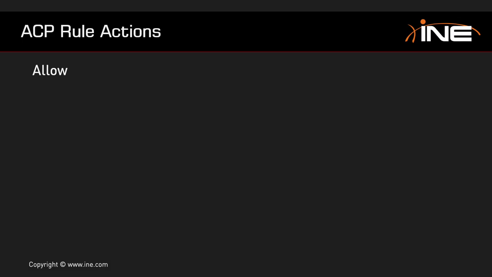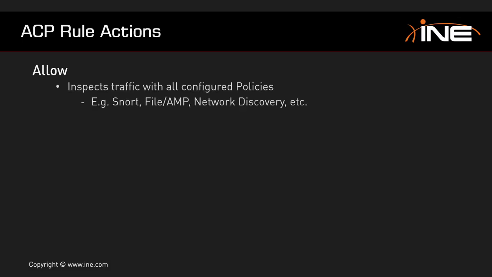As I just said, our next action is allow, which is a somewhat misleading name for this action, at least in my opinion, because in reality what allow does is that it allows you to inspect communication with other engines that might be potentially configured in a given rule.